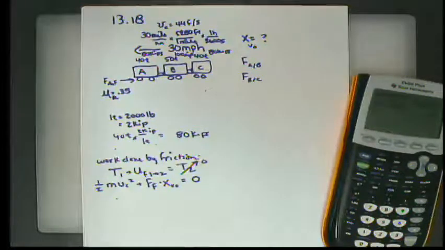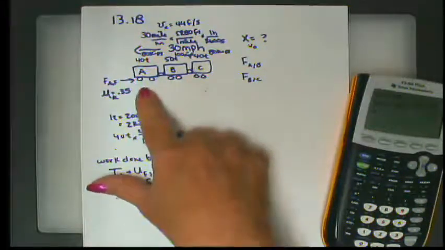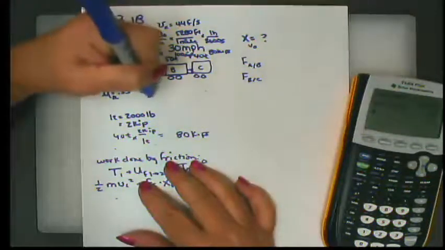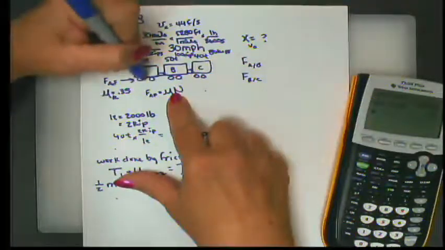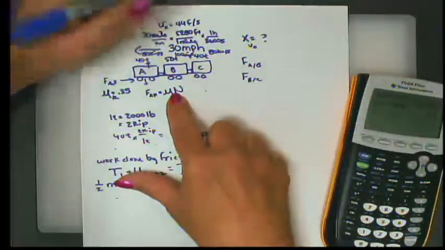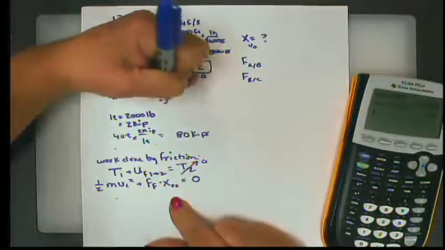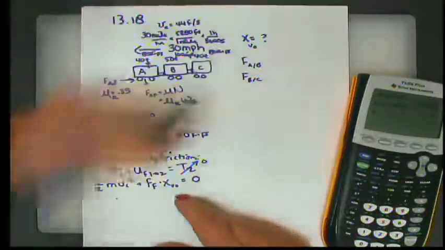So intuitively it makes sense that if we applied the brakes on all 3 cars, we would have more frictional force, right? So we're going to be taking into account only the frictional force of the car at A, which is going to be, we know that force of friction on A is mu times the normal force. And since this is on a level surface, we can say that's going to equal mu k times essentially the weight of the first car.